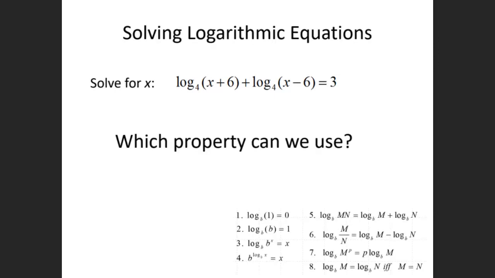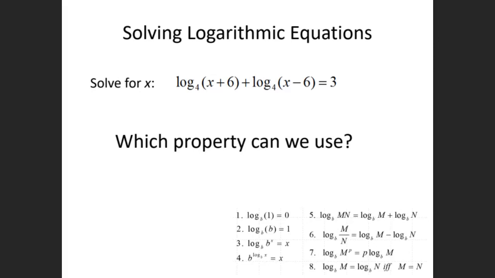So I don't have the work here for us, but the way I would do this one, let me pull out my pen really quick. You see here I have two logs that have the same base and they're being added.